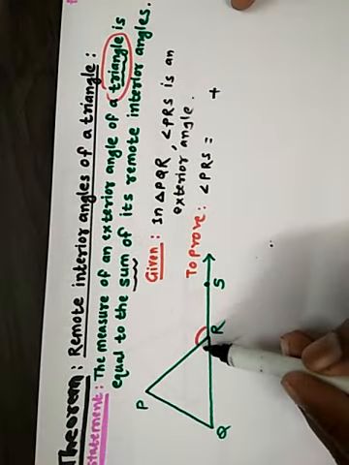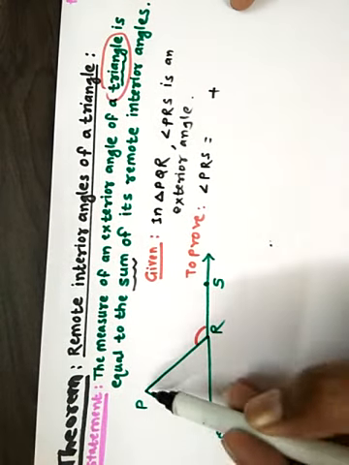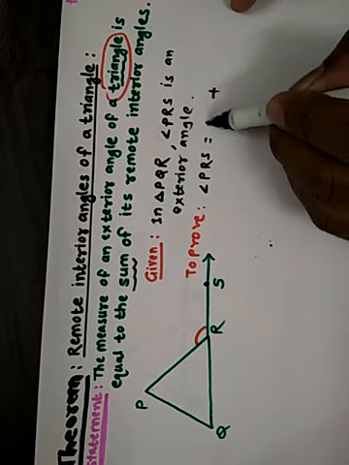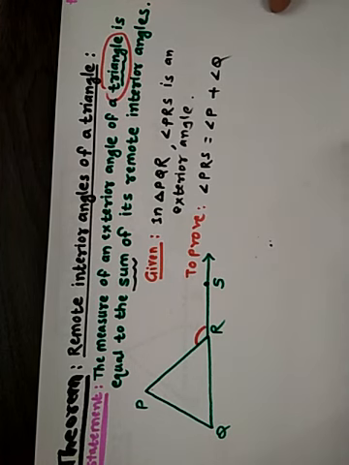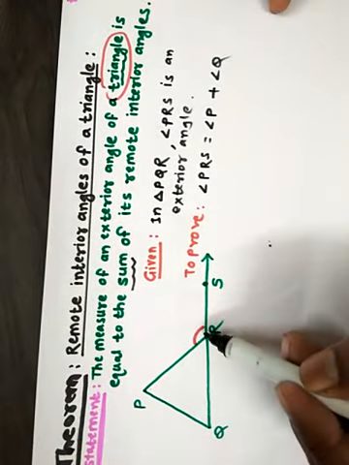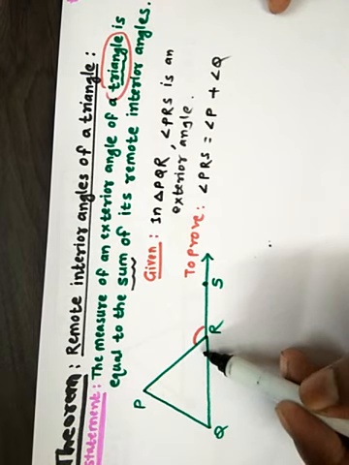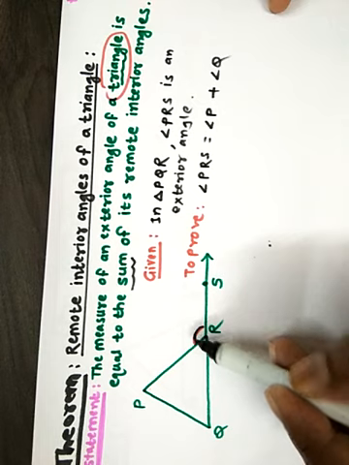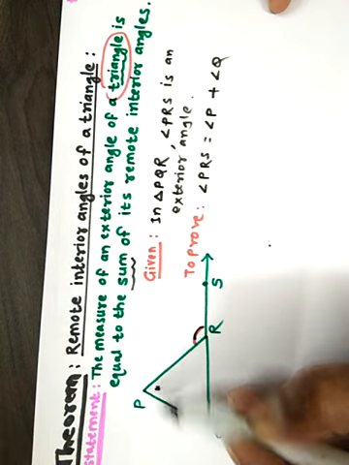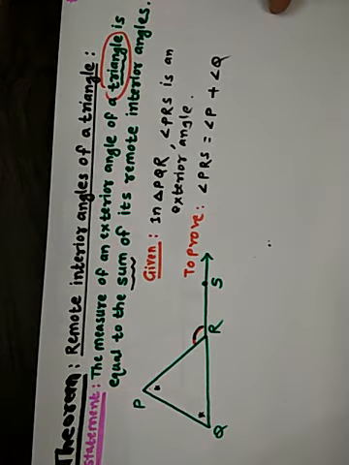This is the adjacent interior angle. The remote interior angles are angle P and Q. The sum of its remote interior angles, this is our aim. PRS is the exterior angle. This is adjacent. Our aim is to prove that the measure of this exterior angle is equal to the sum of these remote interior angles. How can we prove this? See here.